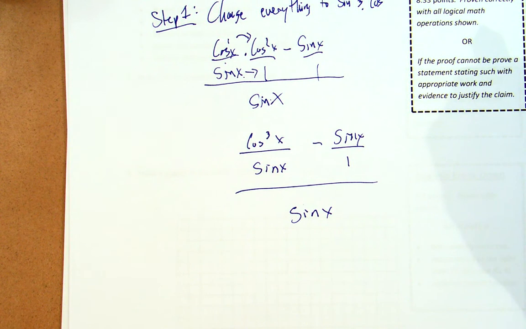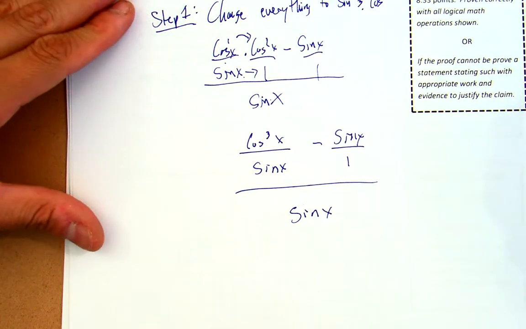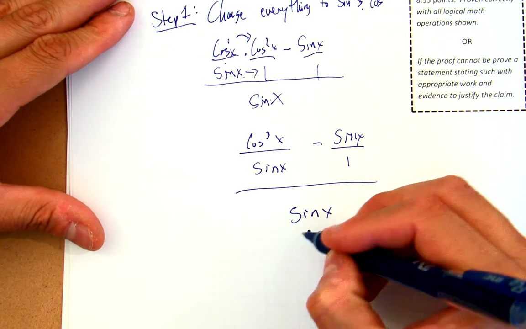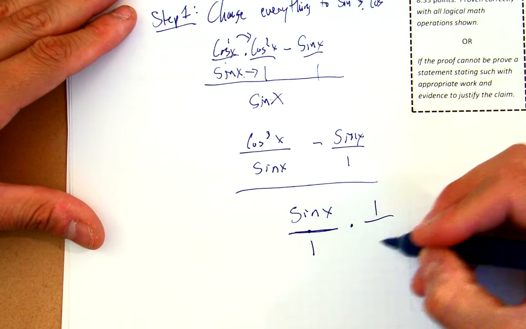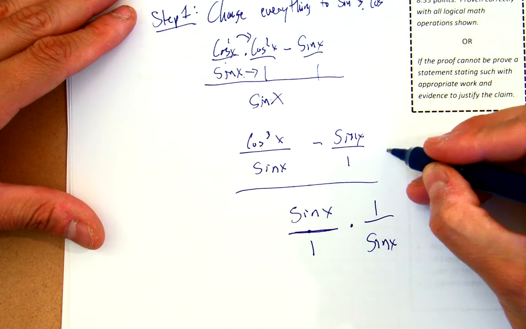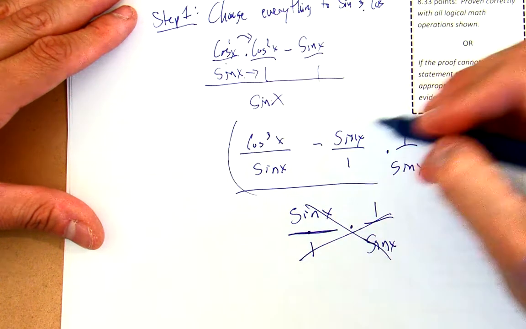Any ideas? What do we do? What if we get rid of the fraction? How do we do that? Just erase it? Of this one here? Okay, let's do that. I like that idea. Ariel says this is sine over 1, right? Then how do we get rid of a fraction? What's the reciprocal? So these are gone, and then now I do what?